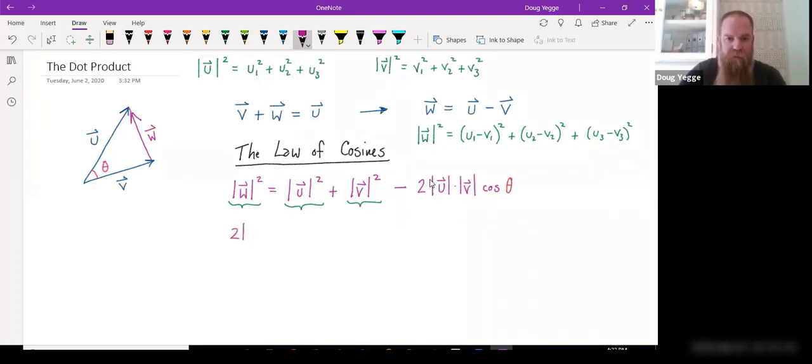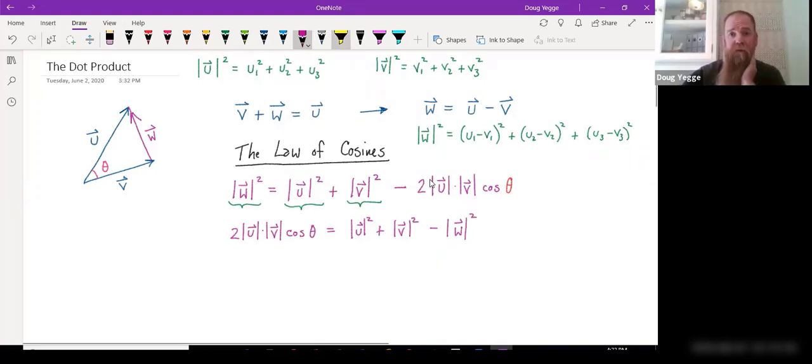So we're going to write this as 2 times the magnitude of u times the magnitude of v times cosine of theta, and that's going to be equal to the magnitude of u squared plus the magnitude of v squared minus the magnitude of w squared.